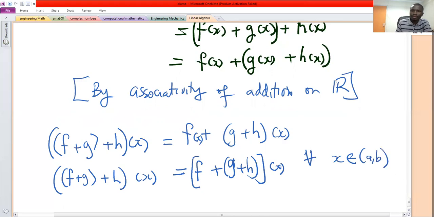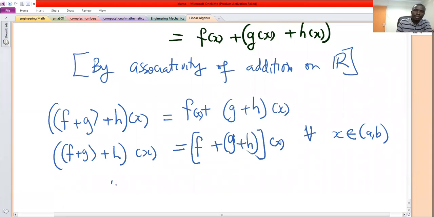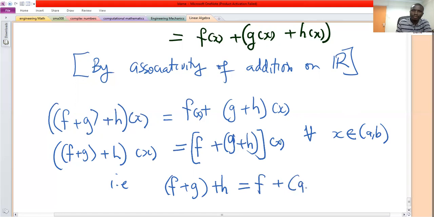So that is saying F plus G plus H is equal to F plus G plus H. And you see this is the structure of the associative property.